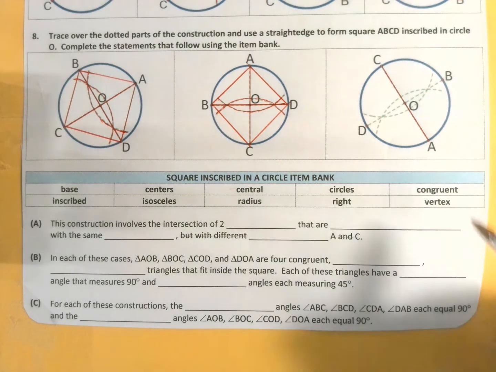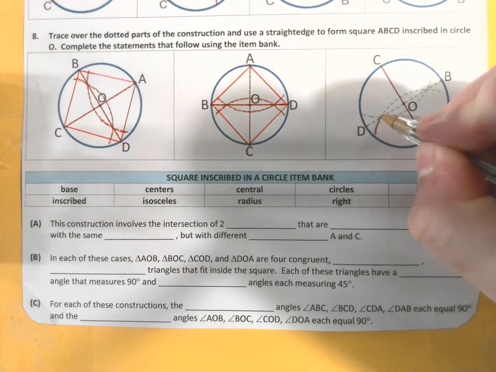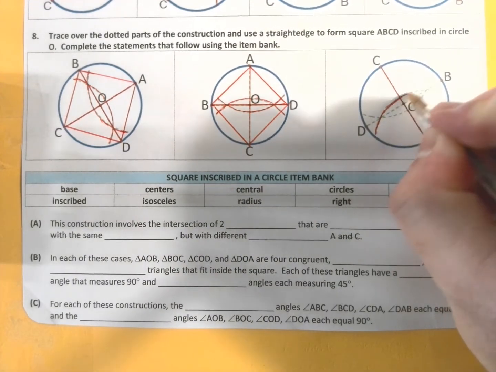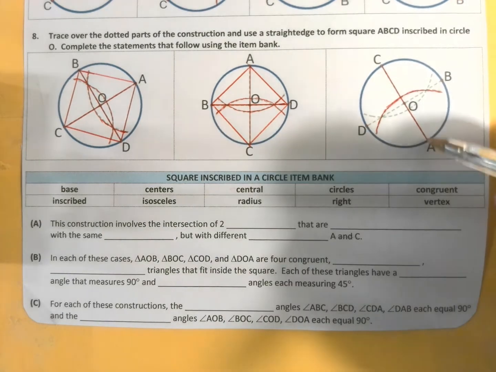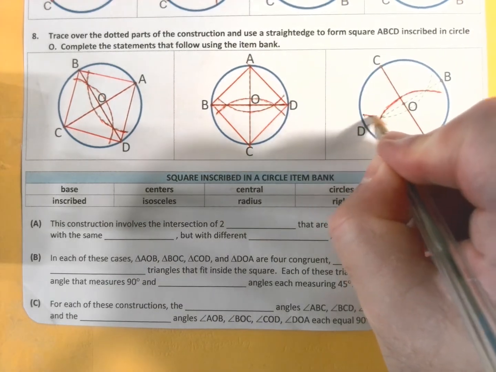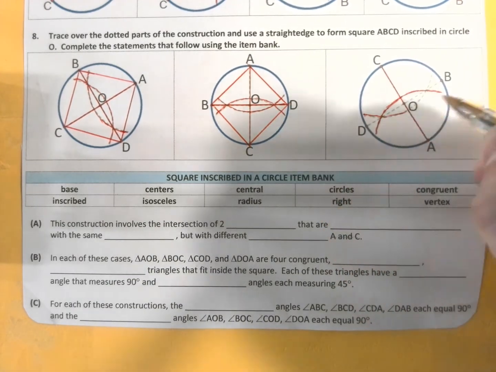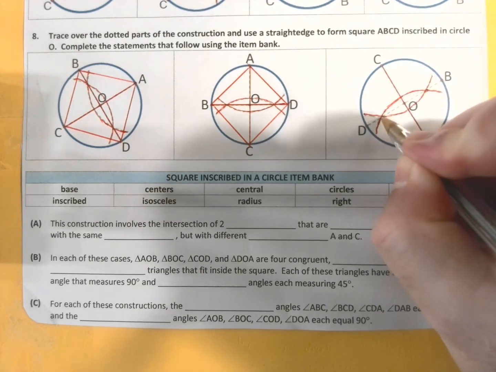Very similarly, in this last one here, we start at point A, we go a little bit past O, and form this arc. We maintain this distance, start at point C, and draw another arc just like this. Two intersection points.